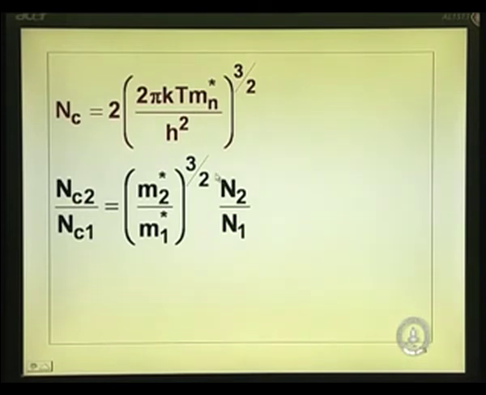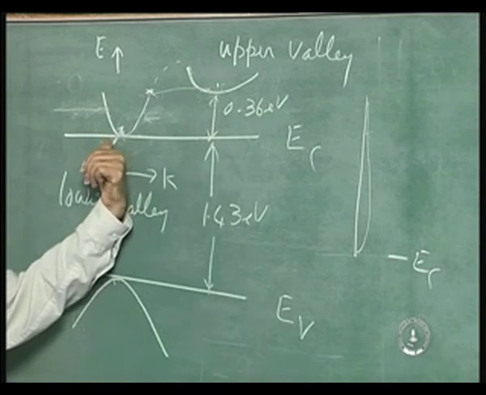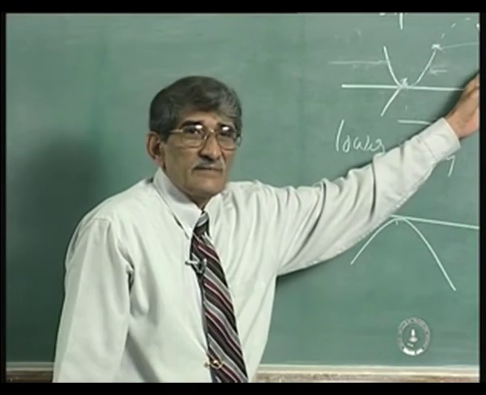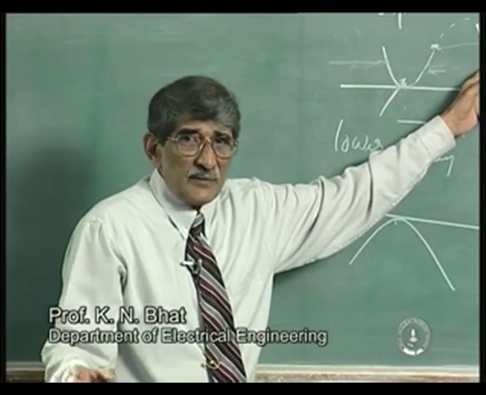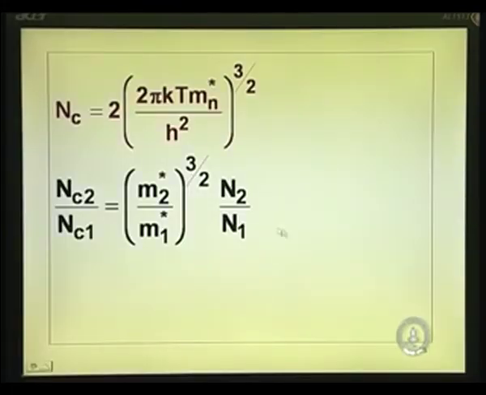What is N2 by N1 coming up there? It is the total density of states in the upper valley and the total density of states in the lower valley. It would have been just the M2 star by M1 star to the power 3 by 2 ratio if there were one valley here and one valley here. But if you go to the 3-dimensional picture, the central valley is 1 and there are 4 such valleys. So the N2 by N1 on the right hand side is the number of valleys: upper valleys there are 4, lower valleys there is 1.